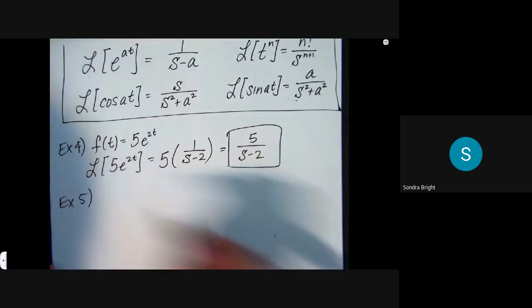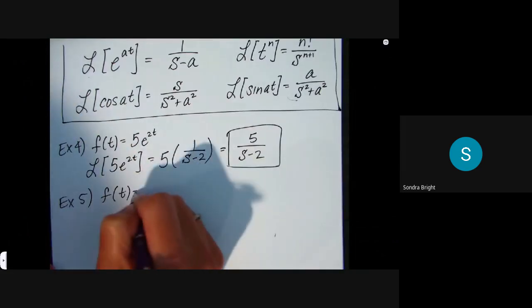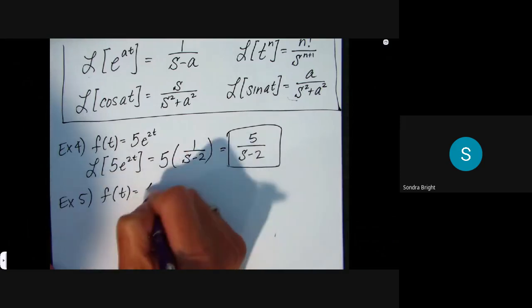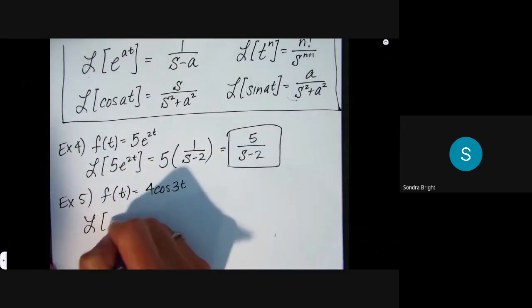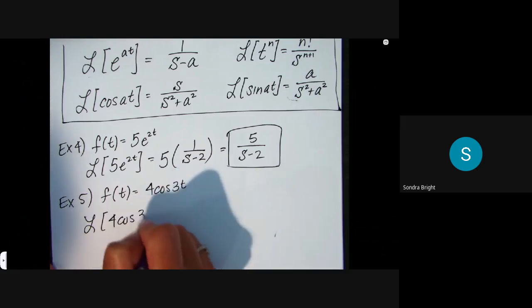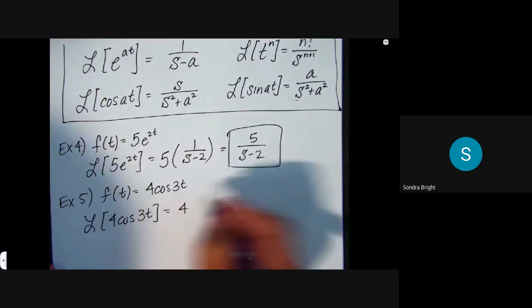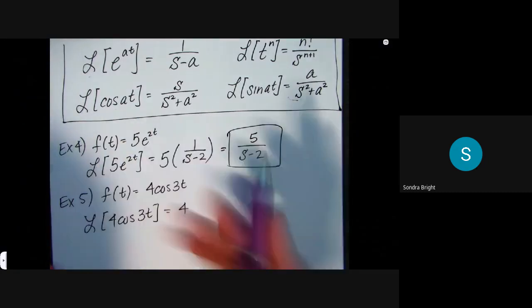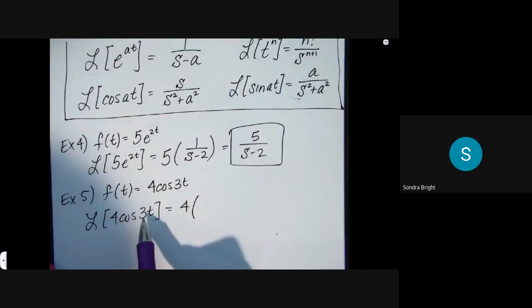What if your function is 4 times cosine of 3t? Well, the Laplace transform of 4 times cosine of 3t would be, got a constant in front, so it'll just be 4 times the Laplace transform of cosine, where your a is the number in front of t, so it's 3 there.